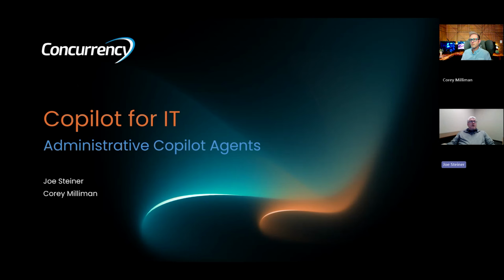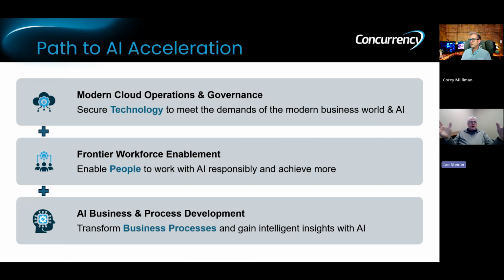Here at Concurrency, we look at the world as the core technology, infrastructure, and security needs that every organization has. There's the technology that applies to people. And then, how do you help people adapt to the technology? All of that leads to how we are changing the way we're working, how we're changing businesses and processes, and how we're developing those next-generation capabilities.